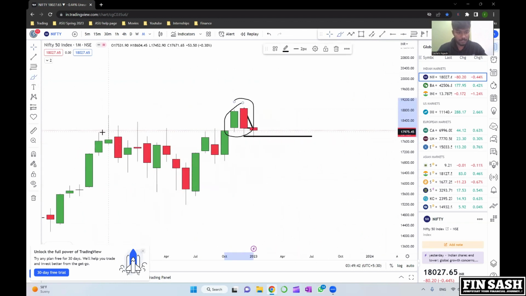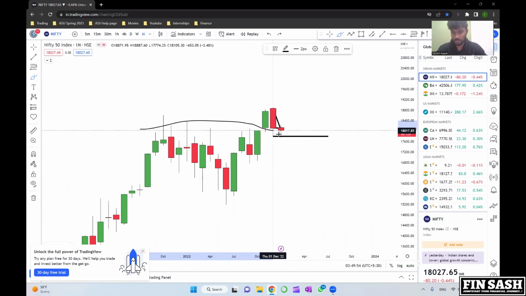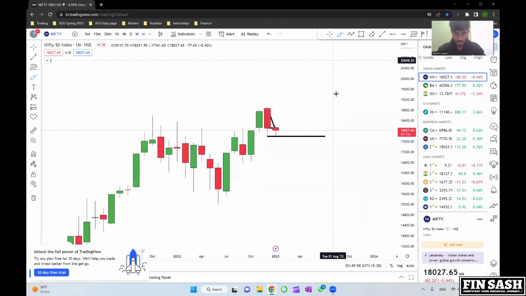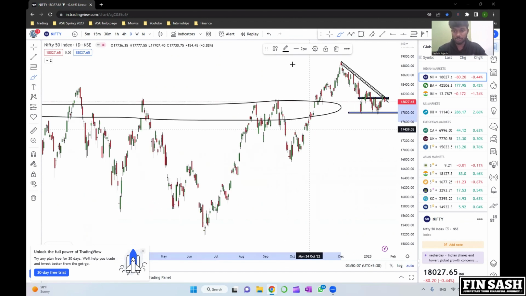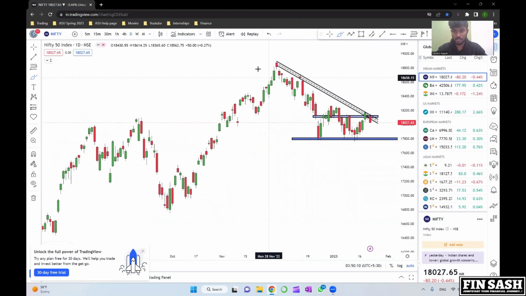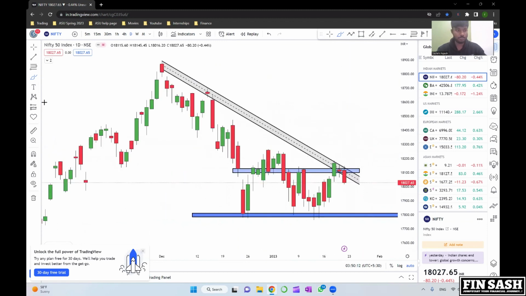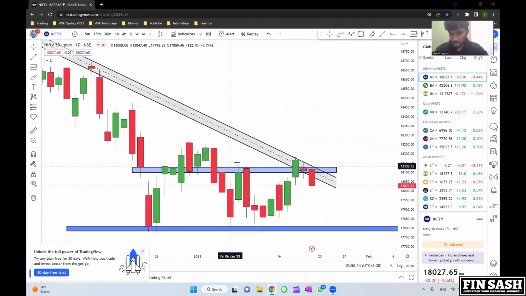And it's right now taking support from this region. So the overall trend for Nifty might be down for this week, but the overall structure of the market is also bearish, right? So if the market closes below this level, the market's going to be very bearish. But for now, it is following the lower low structure. So my analysis is this for Nifty.